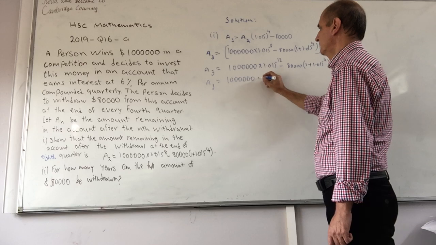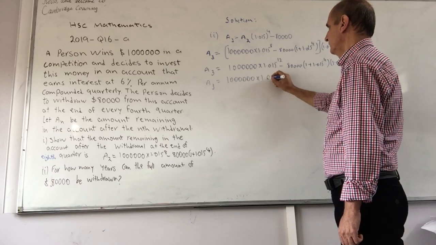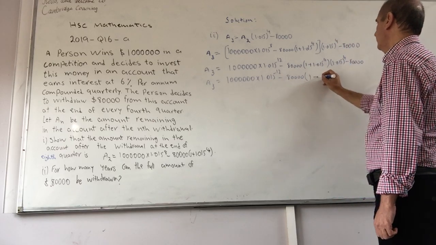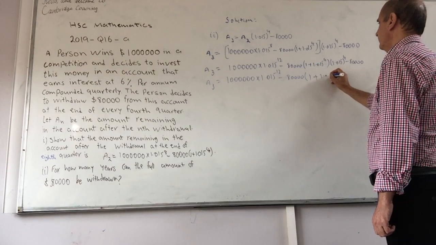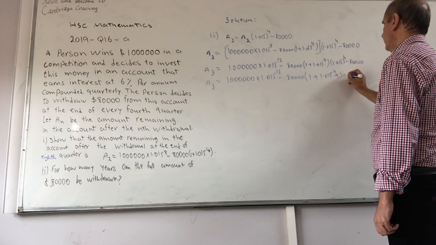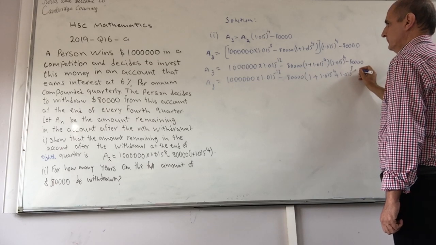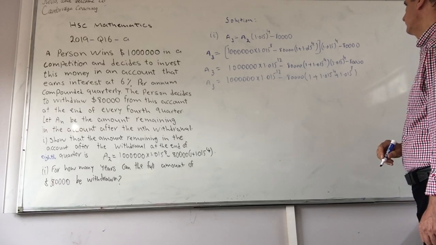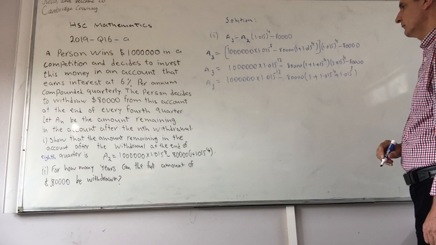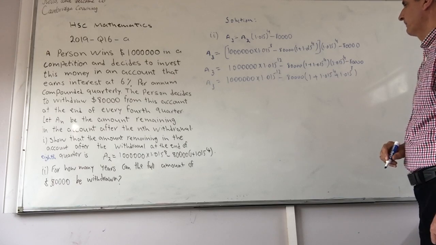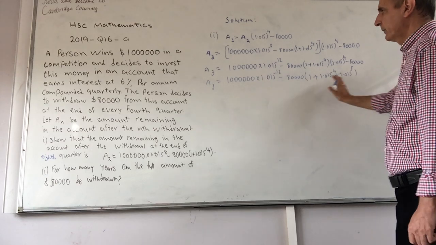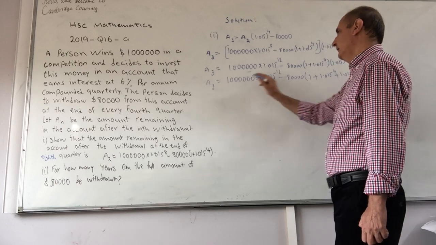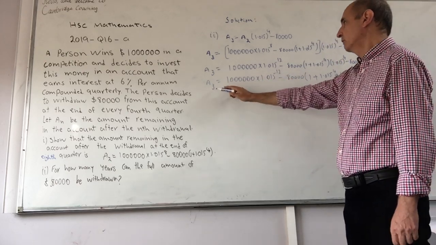that gives me 1 million times 1.015 to the 12 minus 80,000 times (1 plus 1.015 to the 4 plus 1.015 to the 8). Now if we generalize this formula, we see that here we have A3 and here we have 12, so this is always 4 times that.